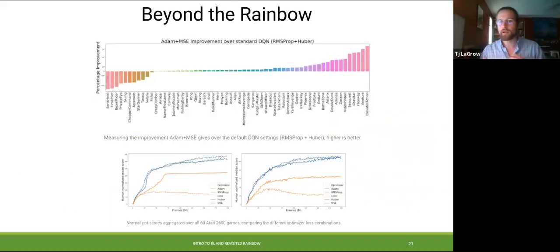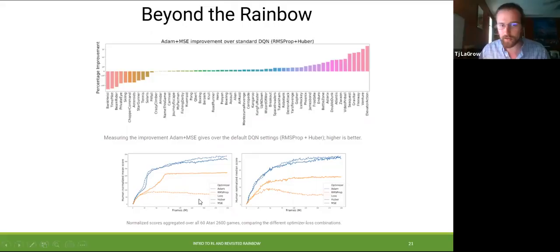beyond Rainbow. When DQN was first introduced, it made use of the Huber loss and RMSProp. These are common practices for researchers, as we know, but they are algorithmic design decisions. And so in the spirit of reassessing, they tried to do some comparison between Adam plus mean squared loss versus RMSProp and the Huber loss.